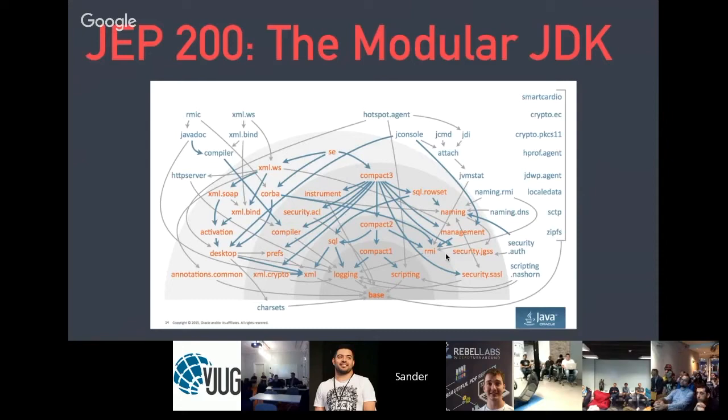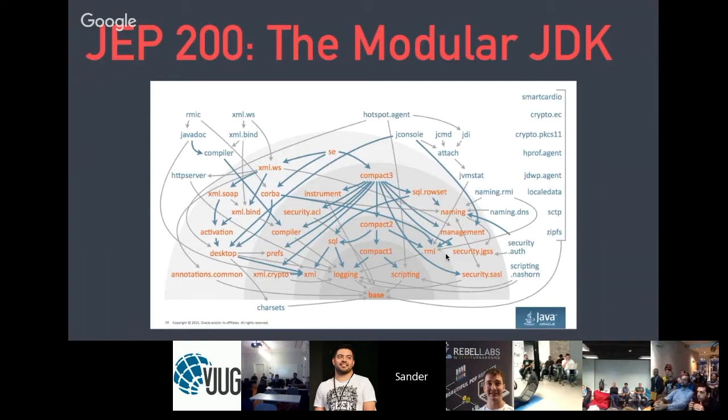The base module contains classes like java.lang.Object and java.lang.String, the collection classes, all those basic things that you always need when programming in Java. The interesting thing is that if you would write a hello world using the module system, base is probably the only thing that you will depend on. And when you start this kind of application, base will be the only thing that will be started. So that means a lot less overhead.